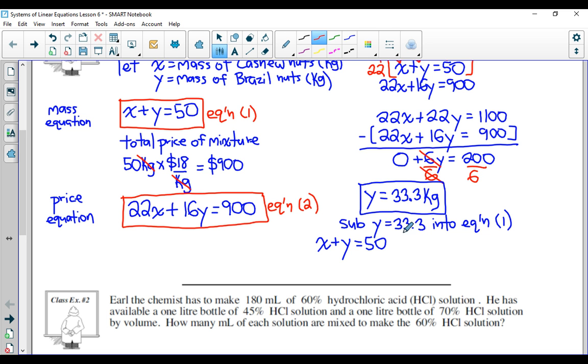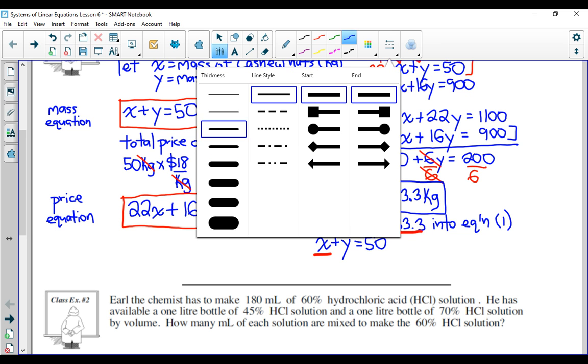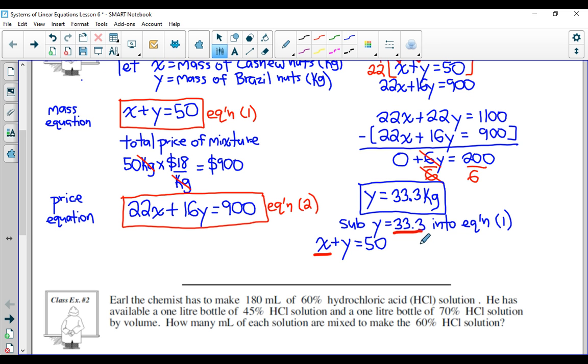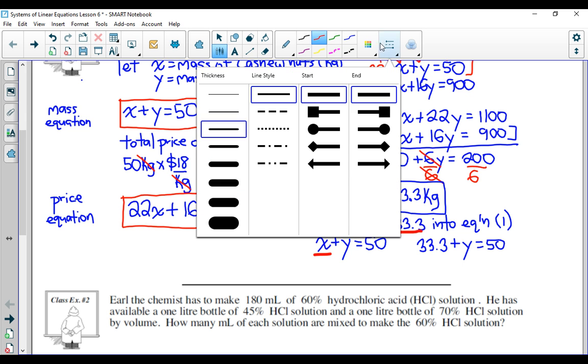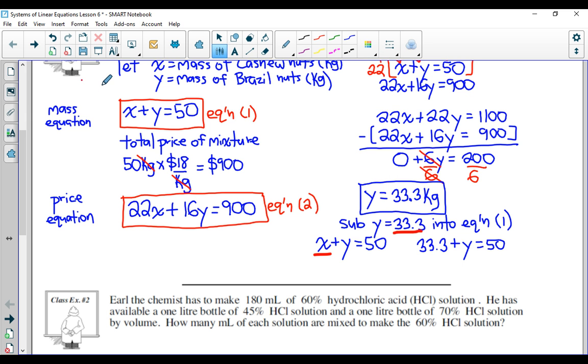And we're going to replace 33.3 with x. So then I would have 33.3 plus y is equal to 50. And then to get y by itself, I'm going to subtract 33.3 from both sides.